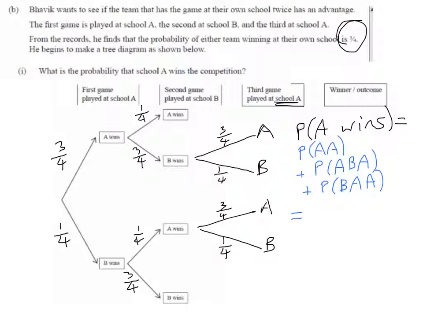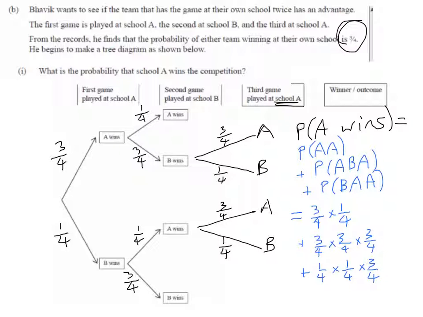So working out these probabilities, we get 3/4 times 1/4 for the first one, plus 3/4 times 3/4 times 3/4 for the second one, and lastly for BAA we get 1/4 times 1/4 times 3/4.